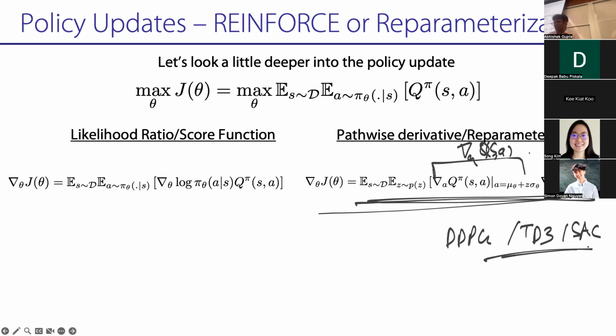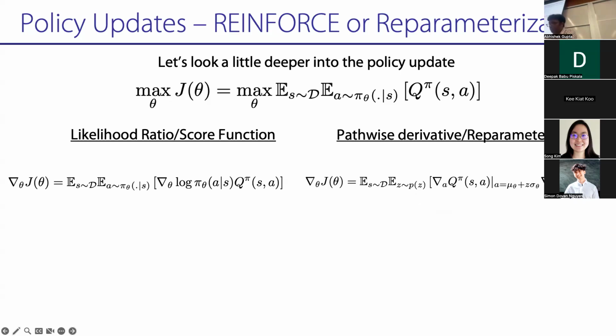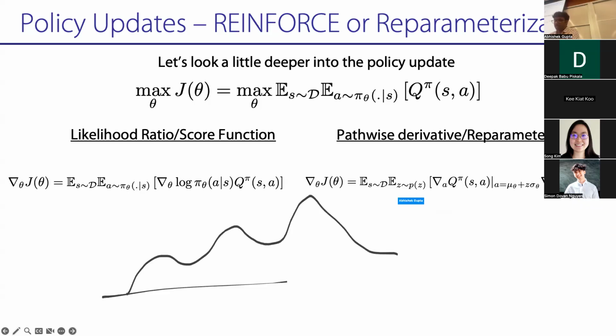So what does this mean intuitively? Imagine this was your Q function. What the left-hand side does is say, let me sample a bunch of random stuff, increase the likelihood of the good stuff, and decrease the likelihood of the bad stuff. But it never uses the geometry of the Q function. It just says good stuff goes up and bad stuff goes down.